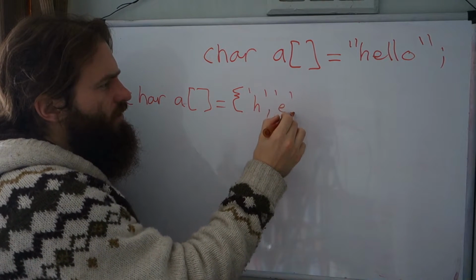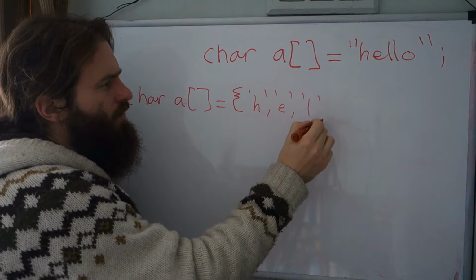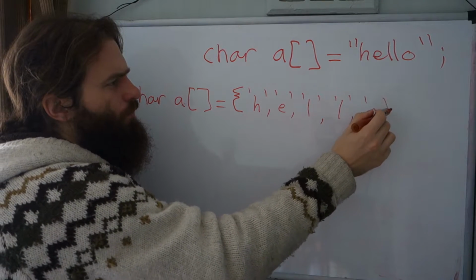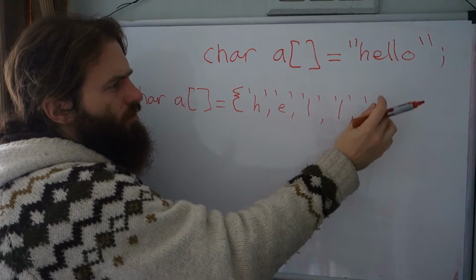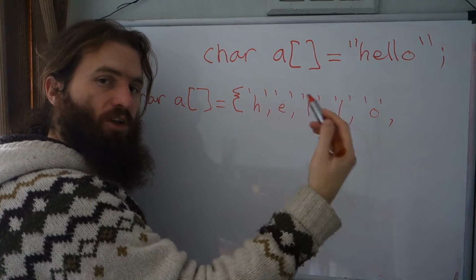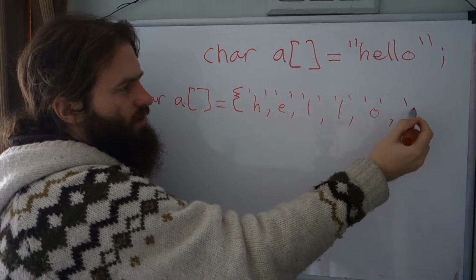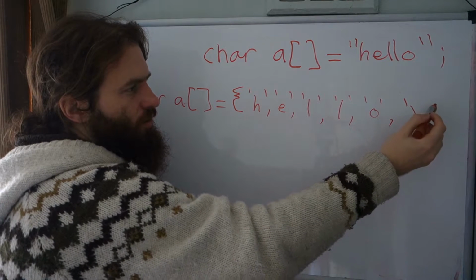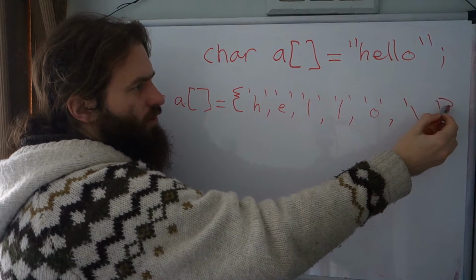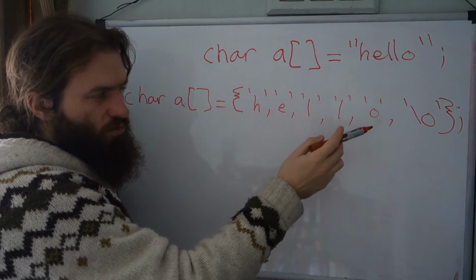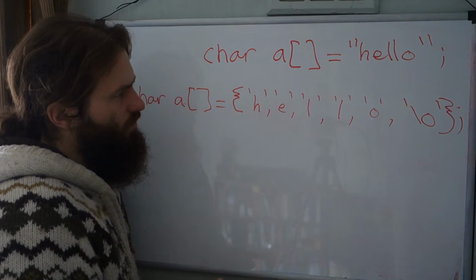H, E, L, L, O, and then we put the null terminating byte in explicitly. We do that with backslash 0. You could also just put the number 0 in there if you wanted.